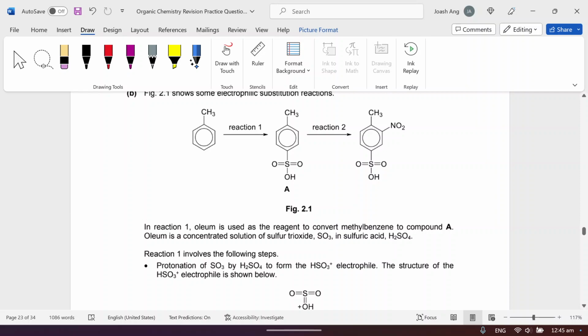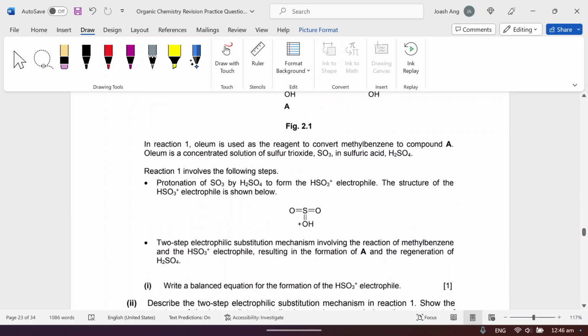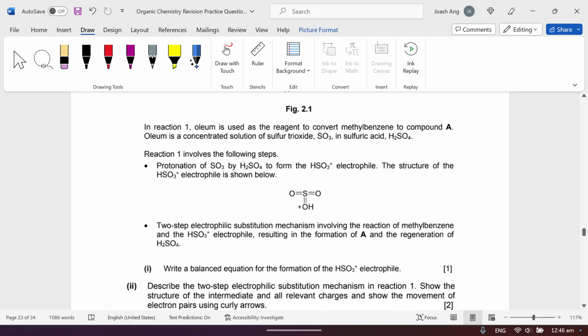In reaction 1, oleum is being used as a reagent to convert methylbenzene into compound A. Oleum is a concentrated solution of sulfur trioxide in sulfuric acid. Reaction 1 involves these steps. So when information is given, please read it carefully so that you can answer the next few questions.